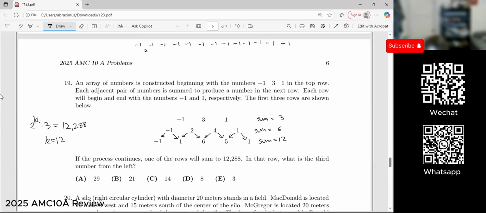And then it goes 3, 2, 1, 0, -1, -2, -3, -4, -5, -6, -7, -8. Oh, and then we're going to need a -9 here. I guess we'll make this a -1 and this a -10.